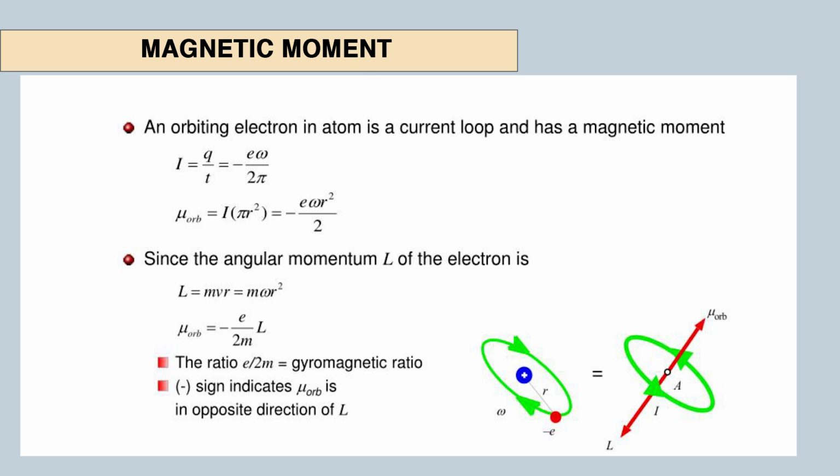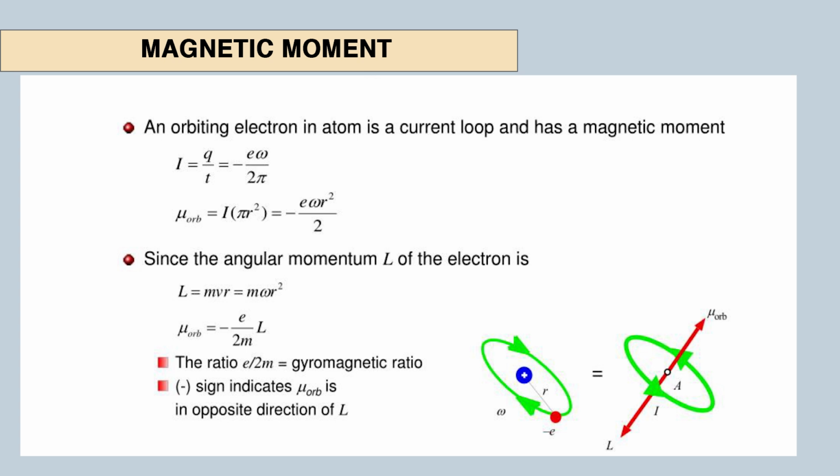In mathematical form, I equal to q upon t and t equal to 2 pi upon omega. Putting the value, I equal to e omega upon 2 pi, and mu orbital equal to I into pi r square, which is the area, equal to minus e omega r square upon 2, with a minus sign for electrons.